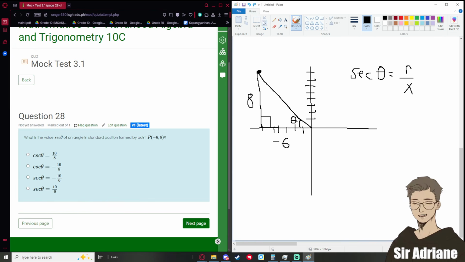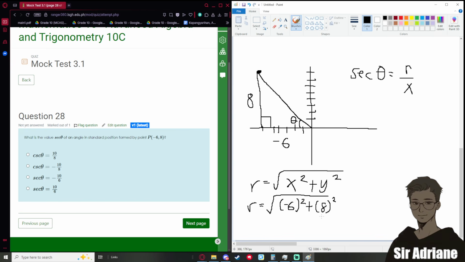Okay? We can solve for r using the formula r is equal to square root of x squared plus y squared. So r is equal to the square root of x squared, so that's negative 6 squared plus 8 squared. This is actually a Pythagorean triple. So if you already know this, then good for you. If not, then you can always use the formula.